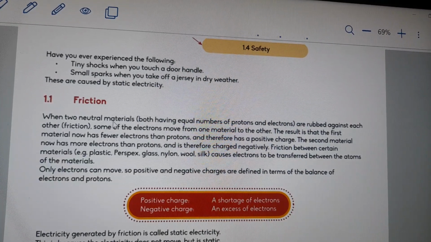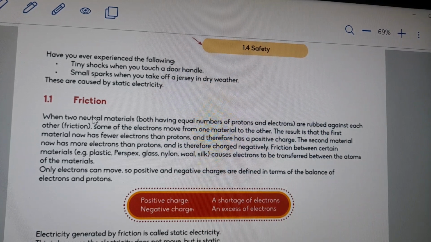When two neutral materials, remember when we were doing elements, we learned about positively charged, negatively charged and neutral elements. When two neutral materials, both having equal numbers of protons and electrons. This is very important. A neutral material or object will have equal numbers of protons and electrons.